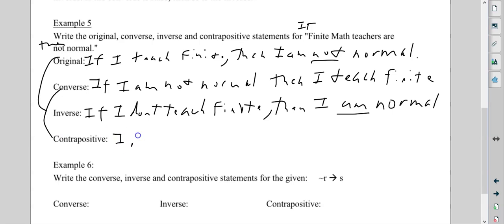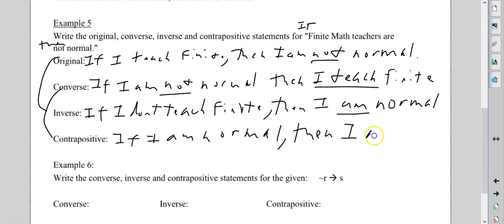So if I am normal, okay, so I just negated this, then I'm negating this, I don't teach finite. Okay?